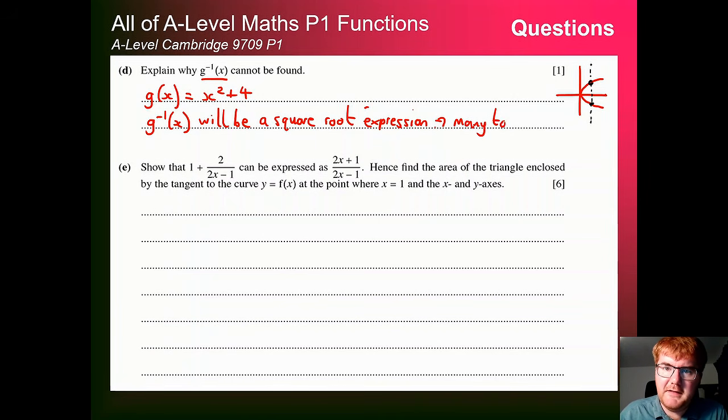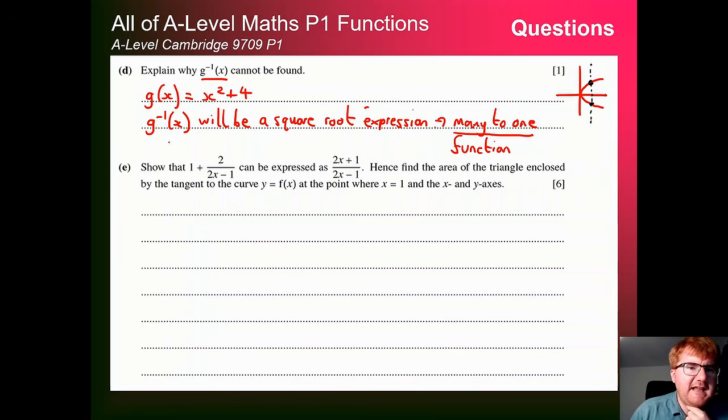And what I mean by that is for every vertical line that I draw, almost every vertical line, I have 2 solutions, and therefore that means it is not a function. So the key thing to look out for is this phrase many-to-one, okay, or in other words, not a one-to-one function. It's not one thing in the domain that maps to one thing in the range, and because of that, the inverse of G cannot be found.